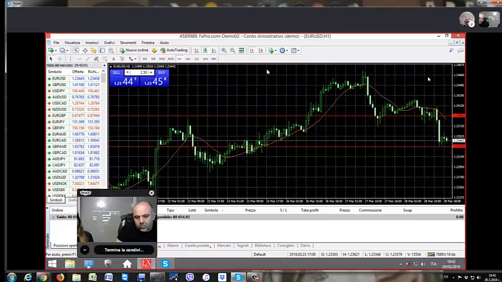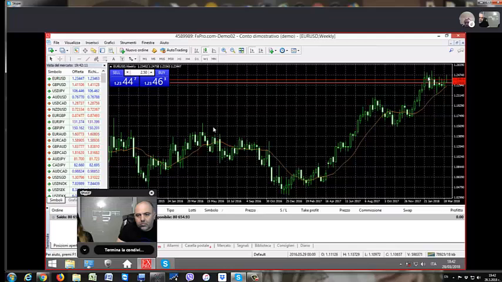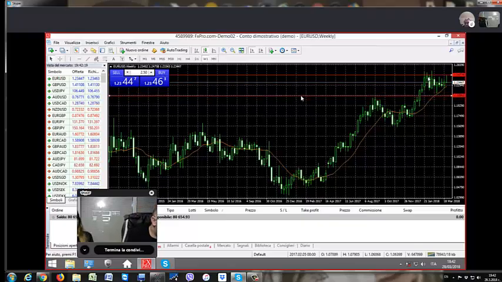Second step, how to control the bias on long periods. This is the weekly of euro dollar. Of course, the trading range is very wide.